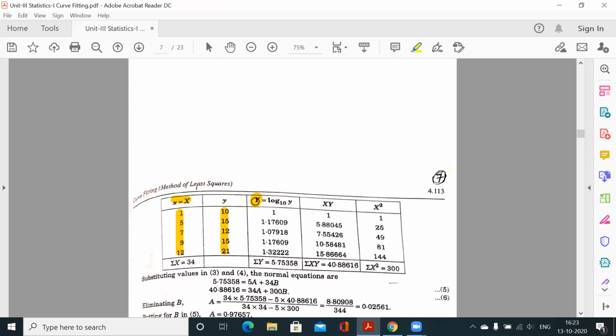So capital Y is equal to log 10 y. This is why you apply log base 10. Clearly log of 10 base 10 will be 1. Next, log of 15 base 10 is 1.17. Log of 12 base 10 is 1.07. Log of 15 is 1.17. Log of 21 is 1.322. So this is capital Y.